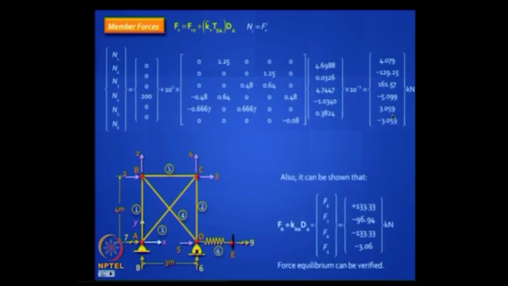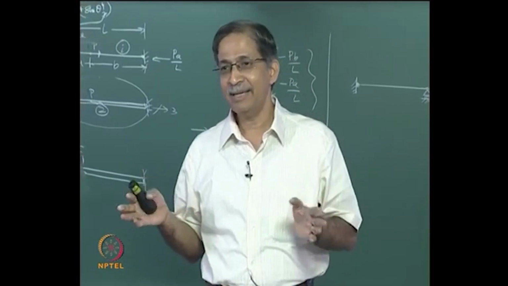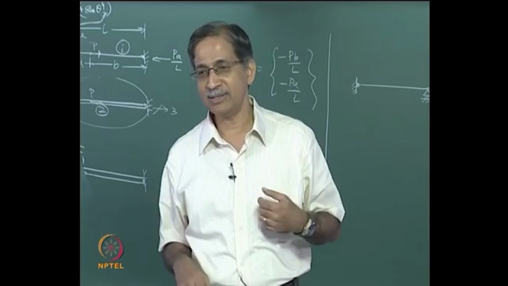And if you want, you can also find the support reaction if you bring TD R into the picture. That is it, one problem, understand fully, and you can handle it. Tomorrow I will take a really bigger problem, a 10 bar truss, a compound truss, just to demonstrate, and we will close and we will do a space truss. Thank you.